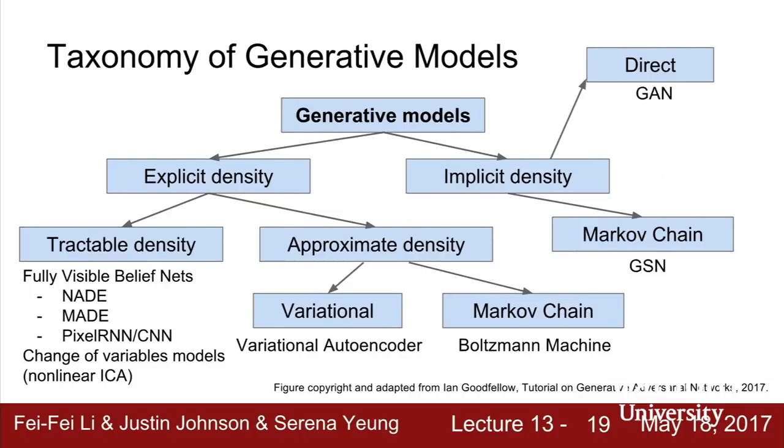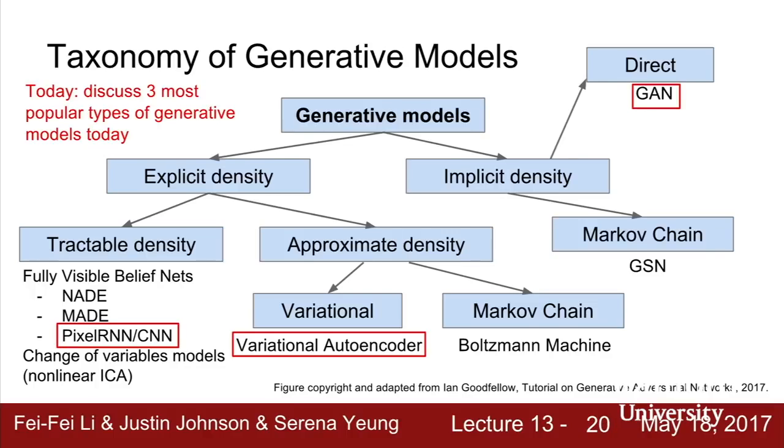If we look at types of generative models, these can be organized into this taxonomy here, where we have these two major branches that we talked about, explicit density models and implicit density models, right? And then we can also branch it down into many other subcategories. This figure is adapted from a tutorial on GANs from Ian Goodfellow, so if you're interested in some of these different taxonomies and categorizations of generative models, this is a good resource that you can take a look at.